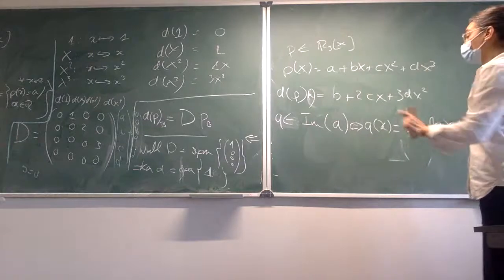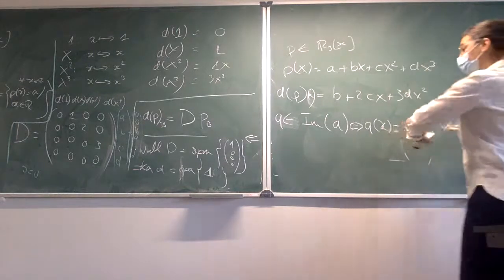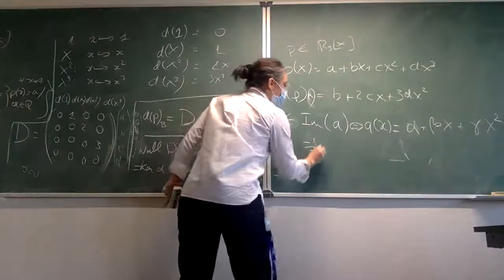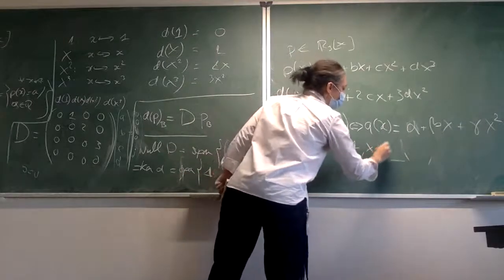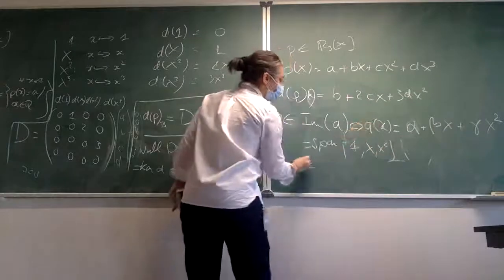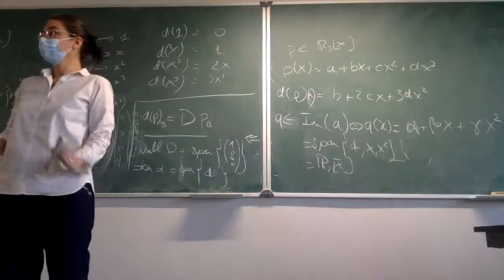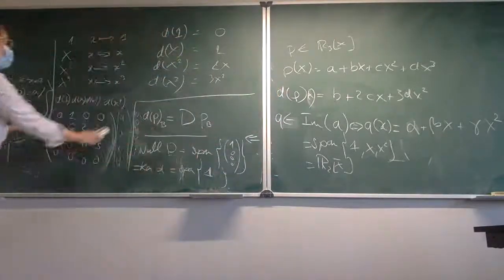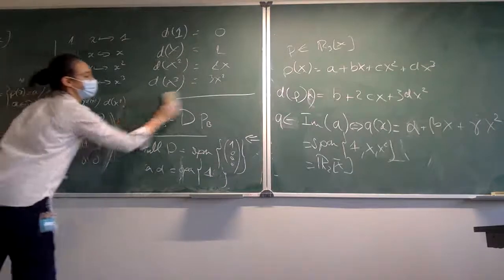My image is any polynomial written like this, which I can also write as the span of constants, x and x2, and it happens to be R2[x]. That's working on the linear map. If I work on the matrix, I'm just looking for the column space of this matrix.